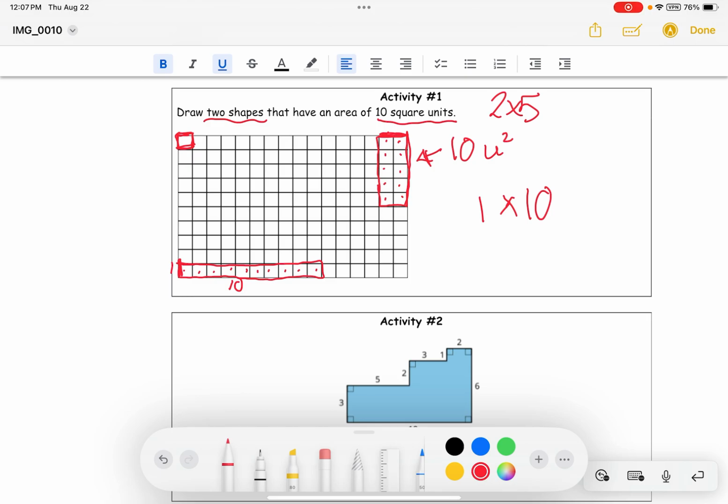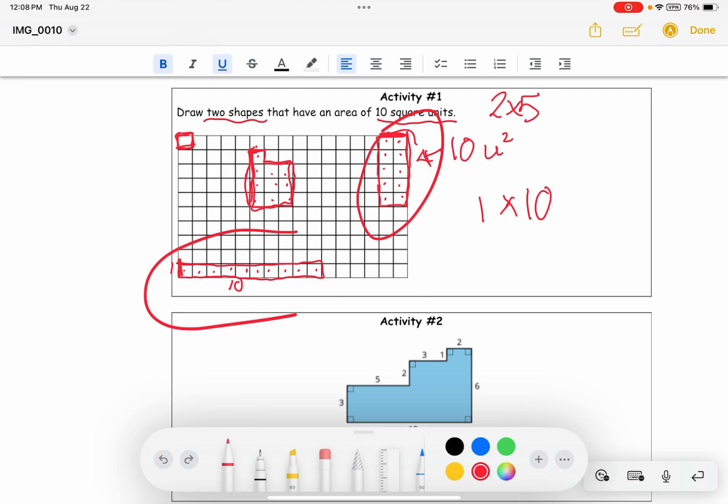Technically you could do a different shape. If that one has 10 squares, I could draw a shape like this. Kind of looks like Utah. Sorry for my wiggly pen. But as long as your shape is closed and has 10 square units, these are going to be mine. You can do your own or do that, but regardless, that's how you would do it.